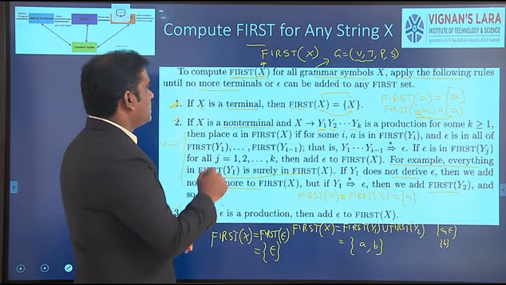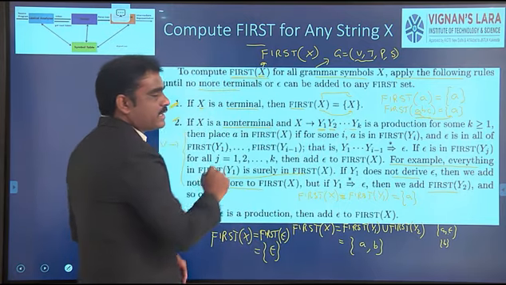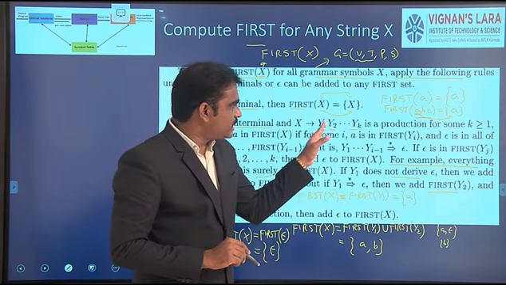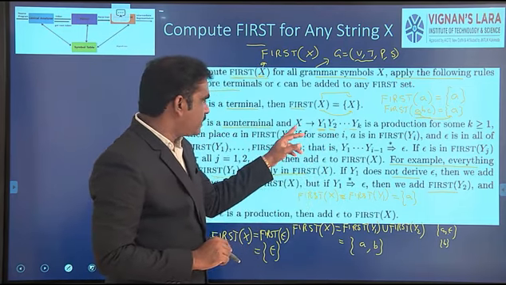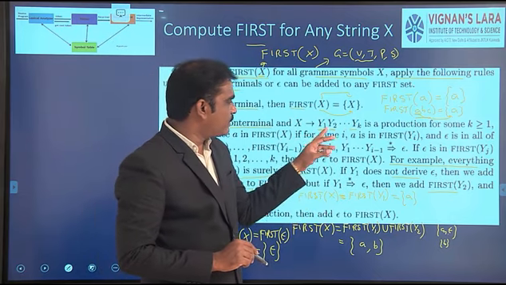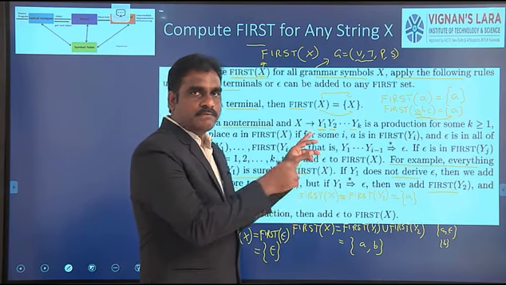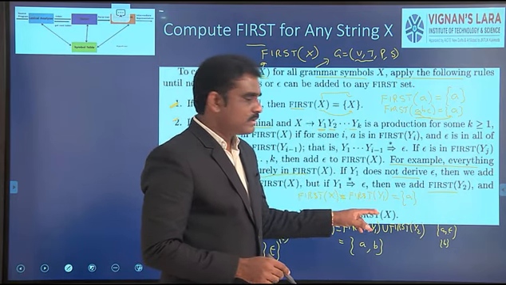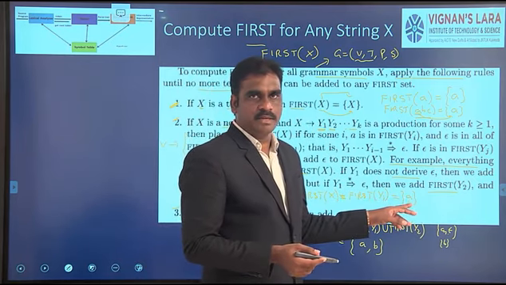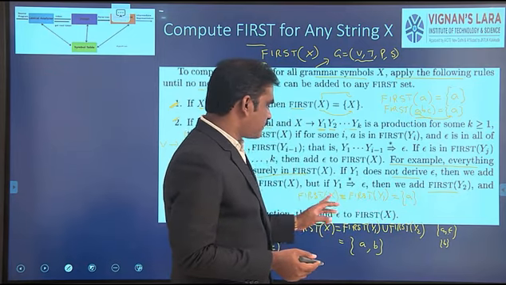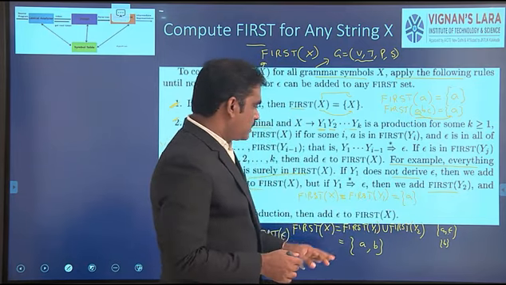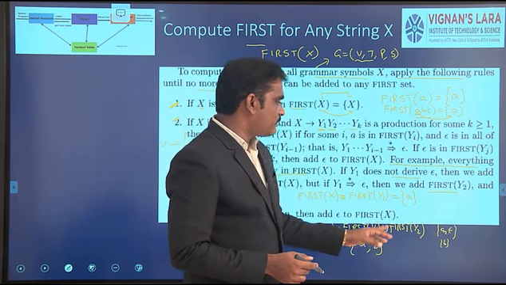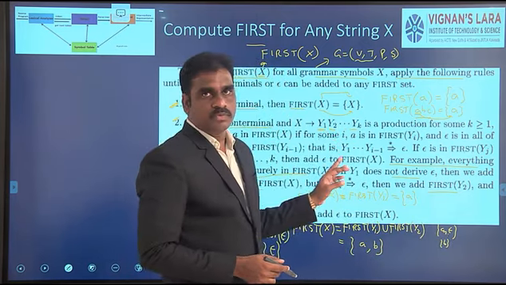And the second possibility is if x is a non-terminal symbol, for example, this is the production. Then find first of x by computing the first of the right hand side first symbol. So first of y1. Suppose the result is a, then first of x equals a. Suppose the first of y1 contains epsilon, then you can get first of y2.